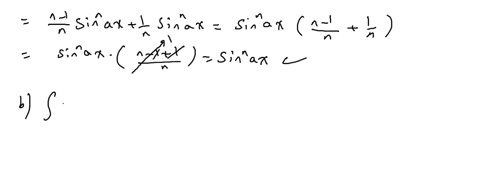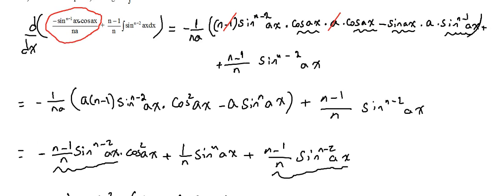We have to make an integral of sine to the power 5 of 3x dx. This is simple, because it's just substitution, right?